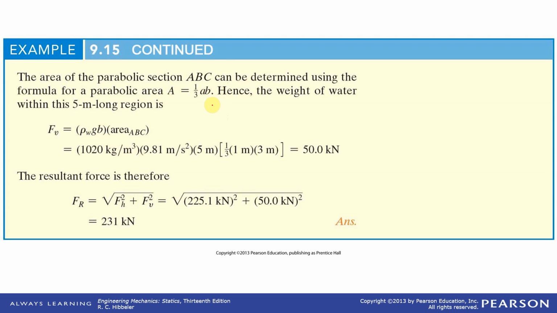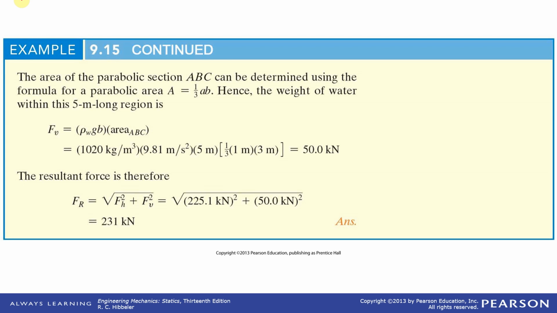Now, let's see. Do I have that in the book anywhere? I think you'd have to go look it up. I'm looking in the back of the book right now for parabolic area, and I don't find it.